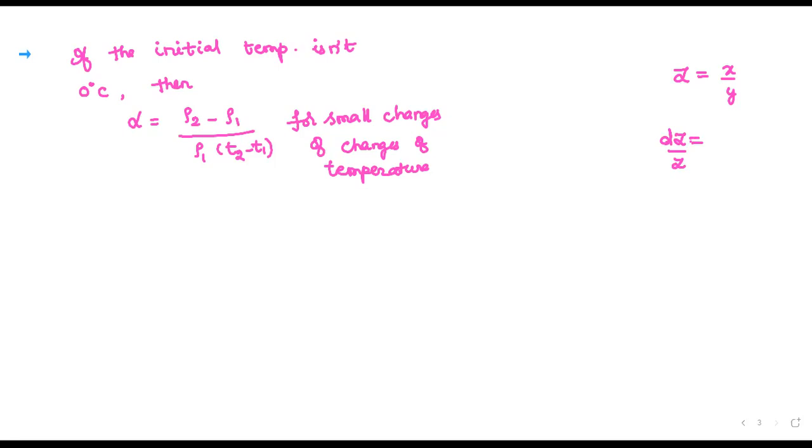Similarly for resistors, 1 by R equals 1 by R1 plus 1 by R2. What is the percentage change in resistance we did in first year? Do you remember? In the units and measurements chapter, we did not apply log and differentiate this equation.